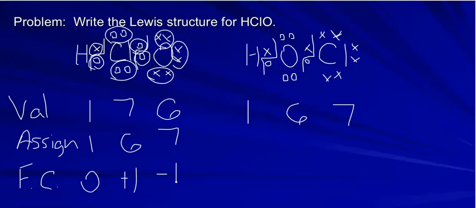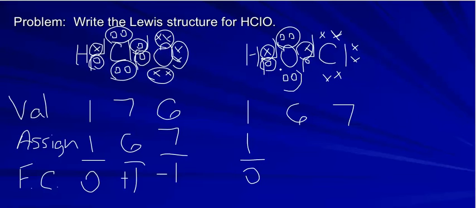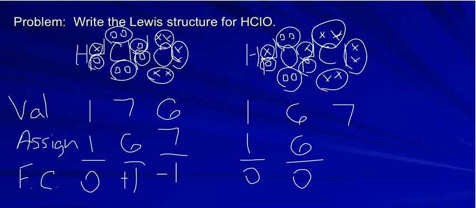For the next structure, hydrogen has 1, formal charge 0. Oxygen, 1 from each covalent bond, 2 unshared pair, that's a total of 6. 6 minus 6, 0. For chlorine, 1 from the bond, and then 6 around it. So chlorine has a formal charge of 0.